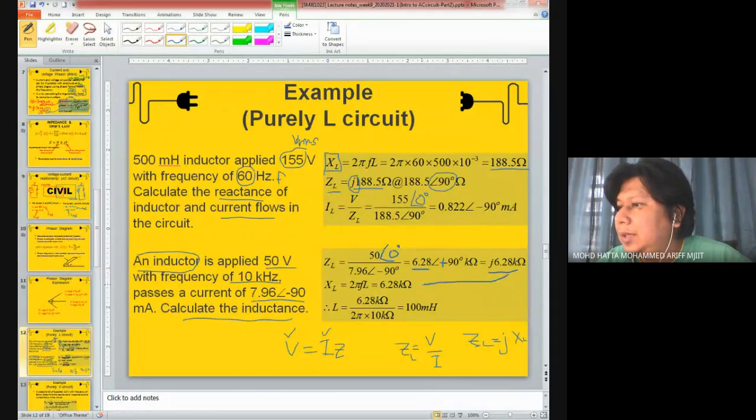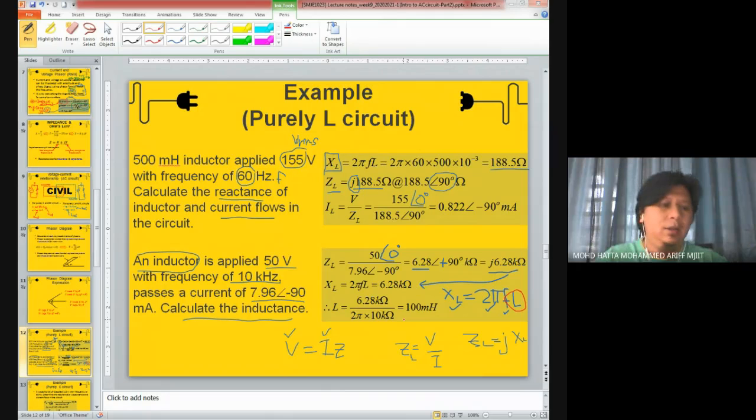And from this value, you can get back your inductor value, where you know that XL is given by 2 pi FL, and this value is known, this two value is also known. You only need to get this L value and rearrange that one, you will get your inductor as 100 millihenry.